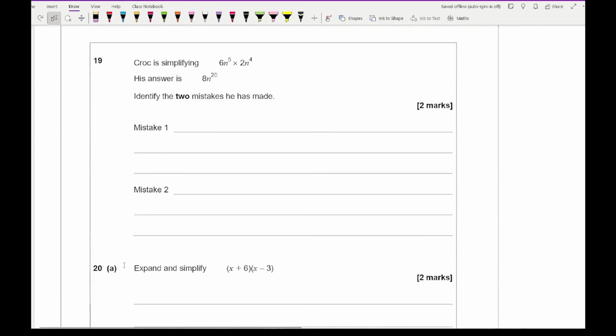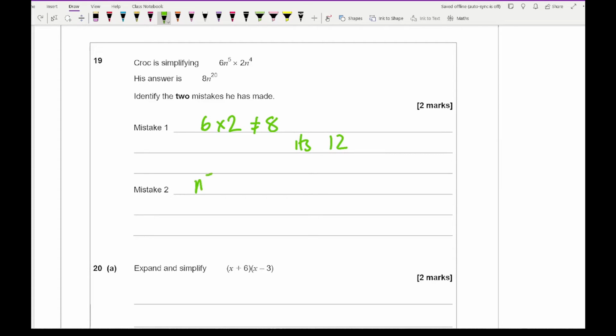Moving on to question 19, it says Croc is simplifying 6n to the power of 5 times 2n to the power of 4. Identify the two mistakes that he has made. Well, one of the mistakes is that 6 times 2 is not 8. It is actually 12.